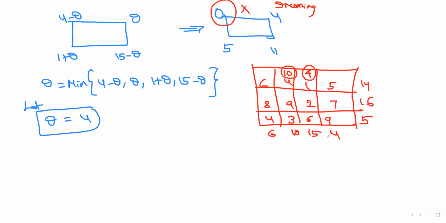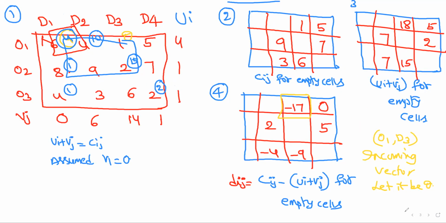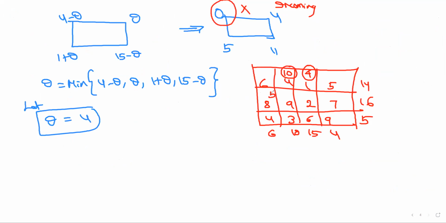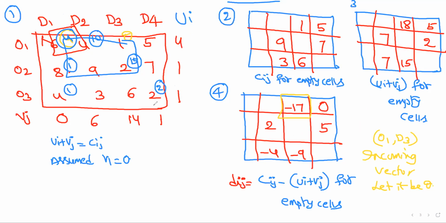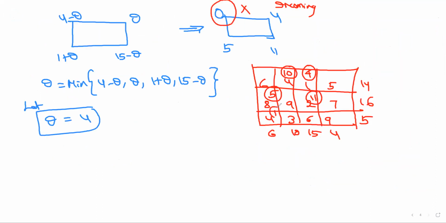For 5, what do we have? This is 5, and this is 11. And next we have for 4, 1, this is 2.